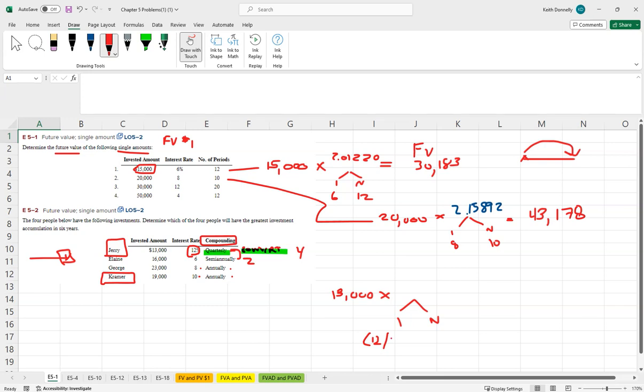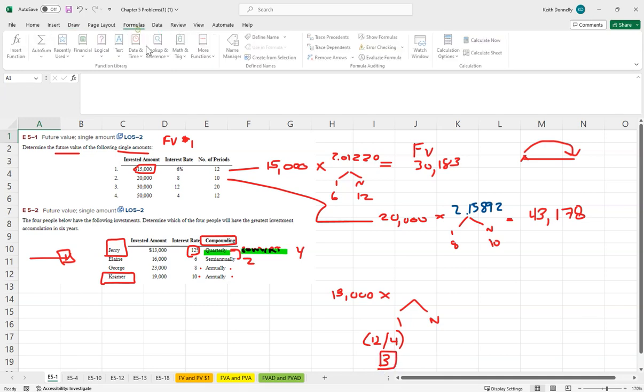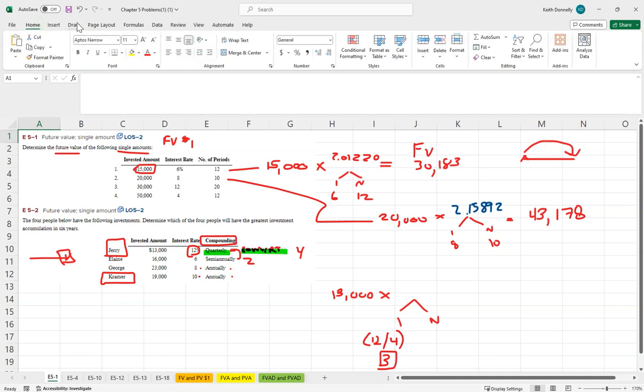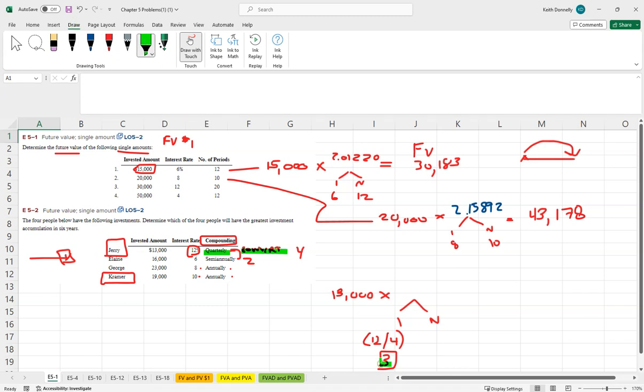Right here, we divide by 4. So our converted I is 3. Sometimes people will screw this up. They just put 12 in. No, you needed 3 as your I. You need to convert it.